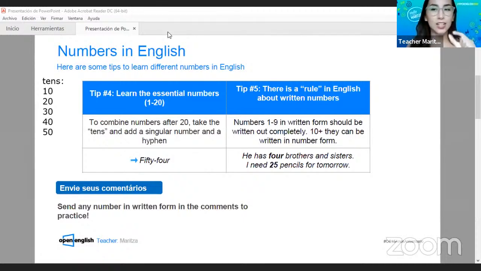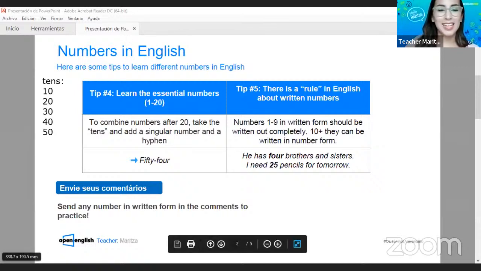And in English, this little dash, this little line, we call a hyphen. When we have two numbers together, like the number 54, we will add a hyphen. That is the correct way to write a large number.